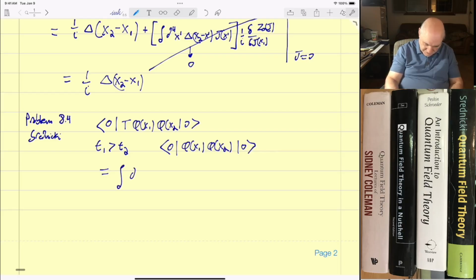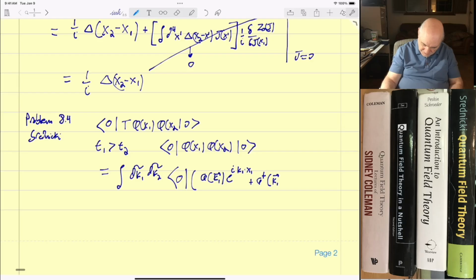So we're going to get the integral of dk1 tilde, dk2 tilde, 0, we have a k1 e to the i k1 x1 plus a dagger k1 e to the minus i k1 dot x1.